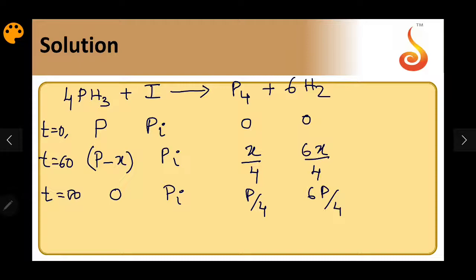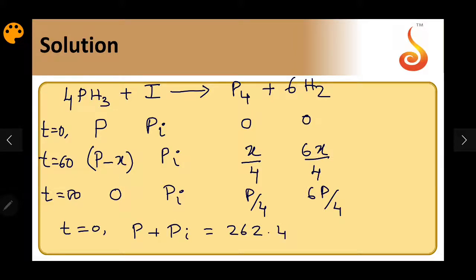So first, the initial time 0 pressure is given. So at t is equal to 0, P plus Pi is equal to 262.4.